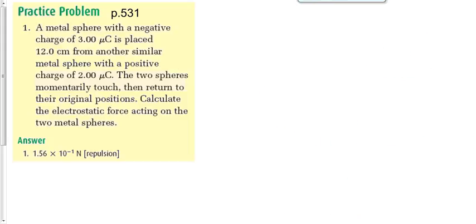All right, try this one. In this question, we got to recognize that they touch, and then we want to find the force. That separates the question into really two separate questions. They touch: a negative 3 microcoulombs, a positive 2 microcoulombs. When they touch together, they're going to balance out to be what?